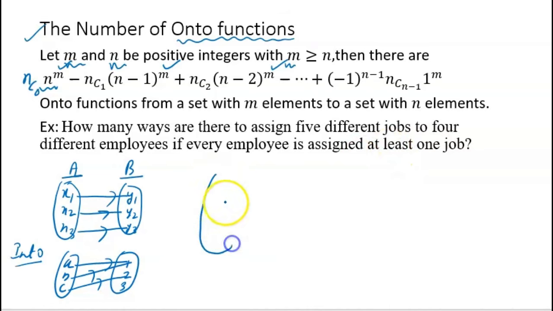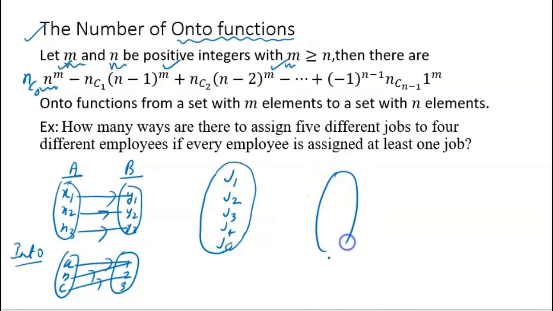Suppose there are 5 jobs, J1, J2, J3, J4 and J5, and 4 employees, E1, E2, E3 and E4. So the number of elements in the first set is 5 and in the second set is 4, meaning m is 5 and n is 4.